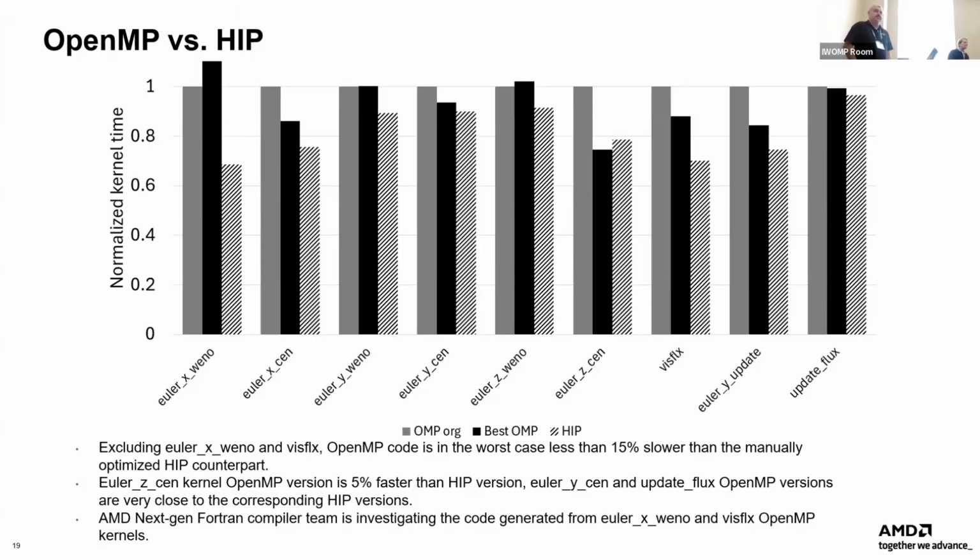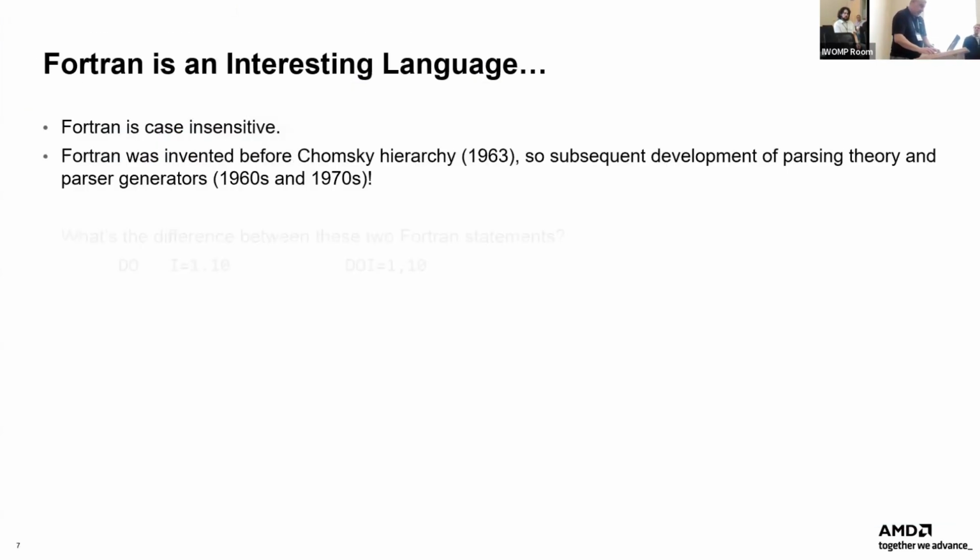Kevin? Yeah, thank you for the presentation. In this first kernel, do you think it would be interesting to try the extensions that are being discussed in the committee? Do you think they would have an impact? Yes. So there is, let me see if I can find the slide real quick.